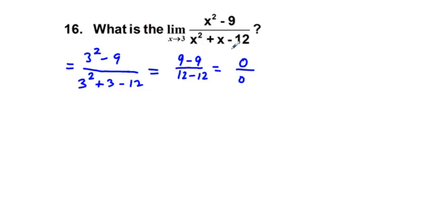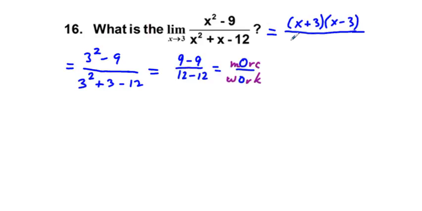And I like to tell my students that when you find this, what this stands for is more work. And what we're going to do is factor. We can take this x squared minus 9 and rewrite that as quantity x plus 3 times quantity x minus 3, and the denominator we can rewrite as quantity x plus 4 times quantity x minus 3.